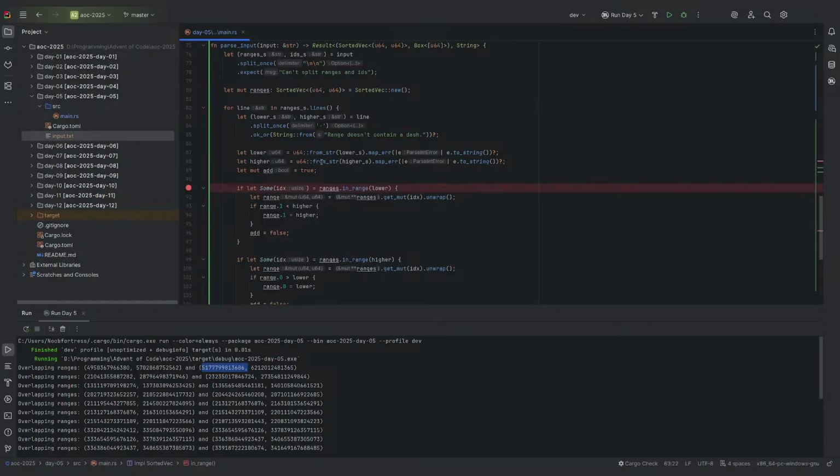Okay, let me go over here. Should be able to add a condition to this one, which is lower is equal to... see what that does.